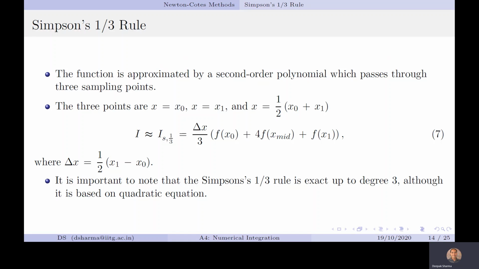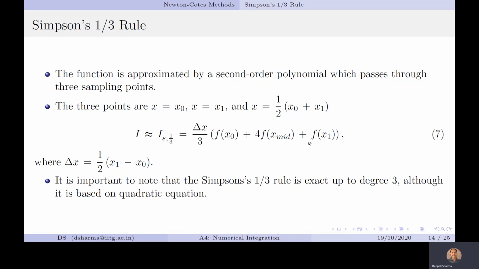As you can see, we need 3 sampling points. Since we are going to find an integration from x0 to x1, x0 is the first point, x1 is the second point, and the third point is x0 plus x1 divided by 2. This method says that the integral value will become delta x divided by 3, and inside the bracket we have the function value at x0 plus 4 times the function value at x mid, where x mid means x0 plus x1 divided by 2, plus the function value at x1.